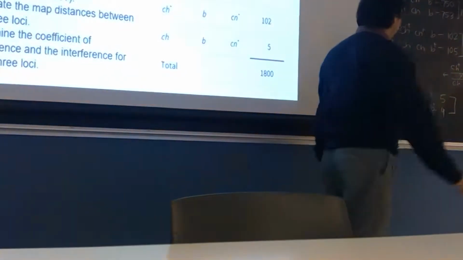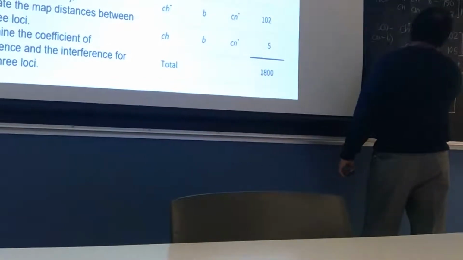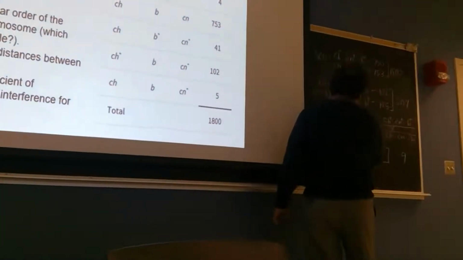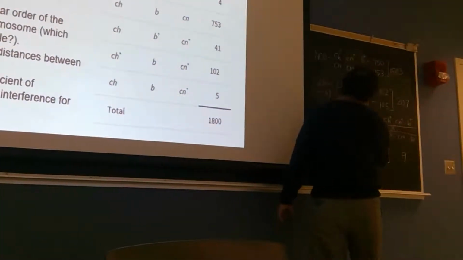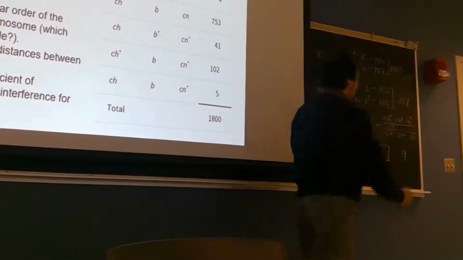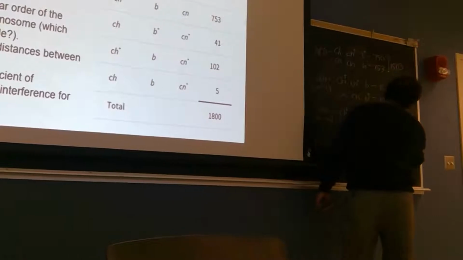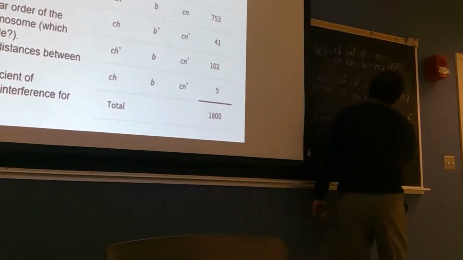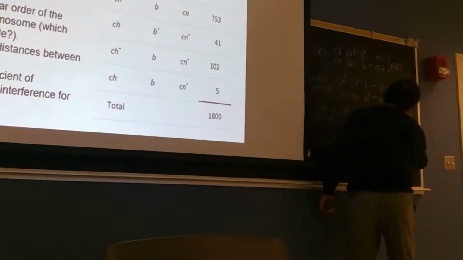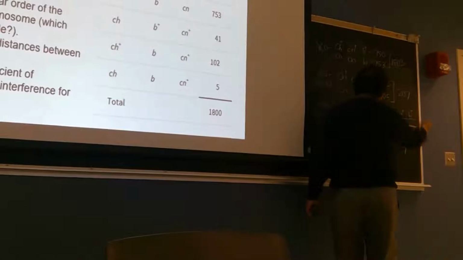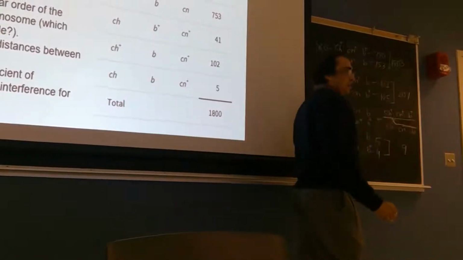CH plus, Cn, P, 40. And CH, Cn plus, P plus. Right? This is this way. CH plus, Cn, P and CH, Cn plus, P plus. Right?